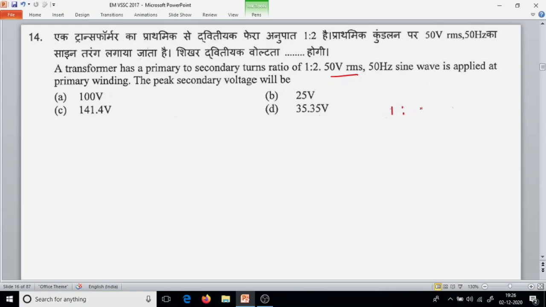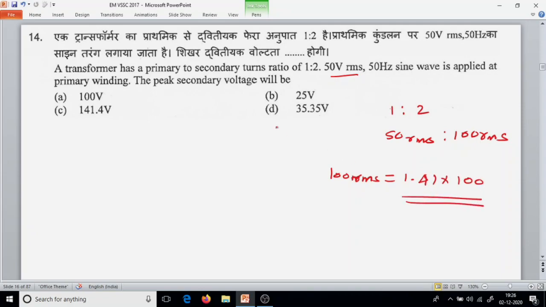It is 1:2, so if I give 50 volt RMS, I will get 100 volt RMS. To convert RMS to peak voltage, 1.41 multiplied by 100 will give the peak voltage. By seeing this itself we can understand the answer is option C, 141.4.